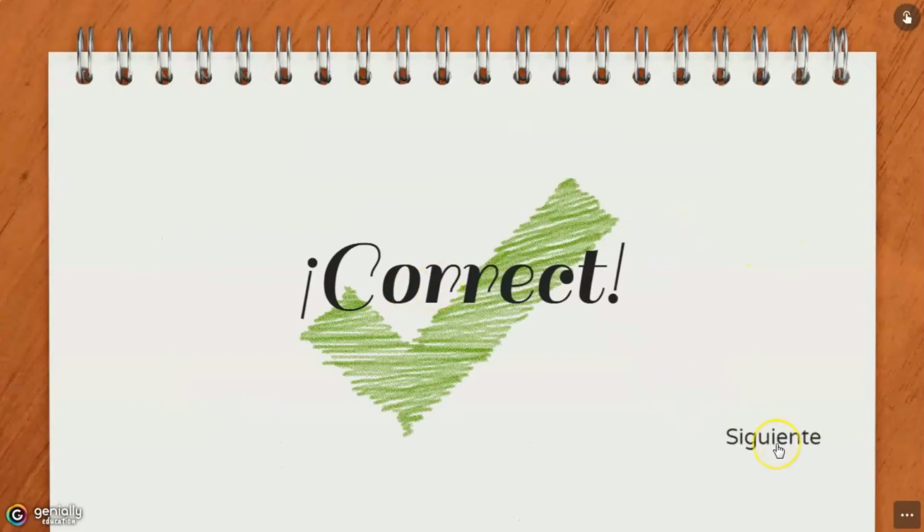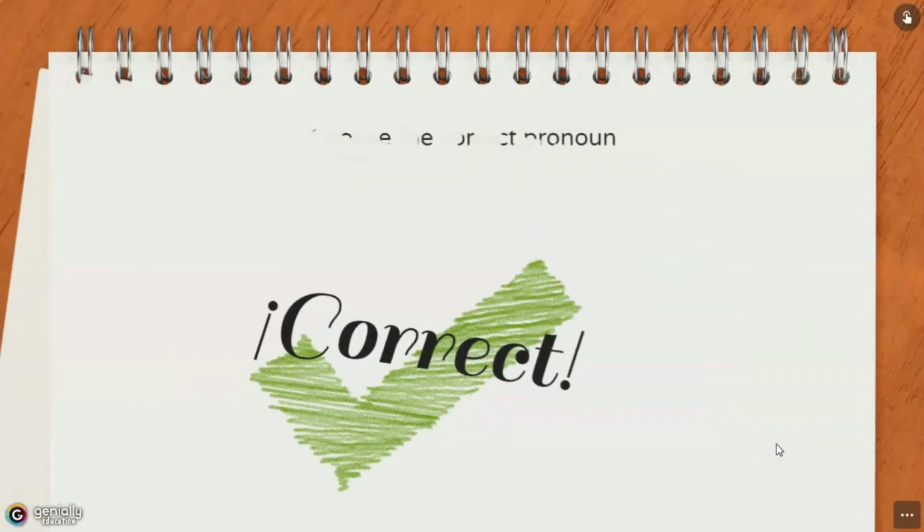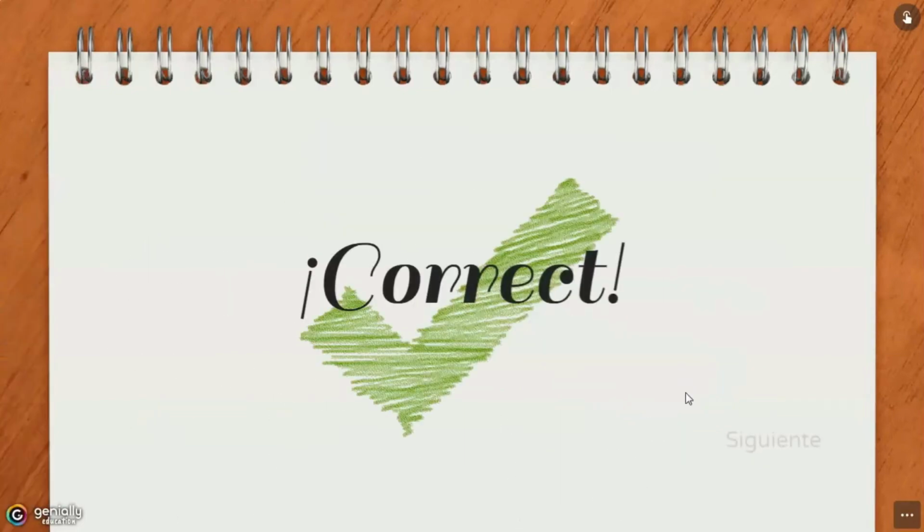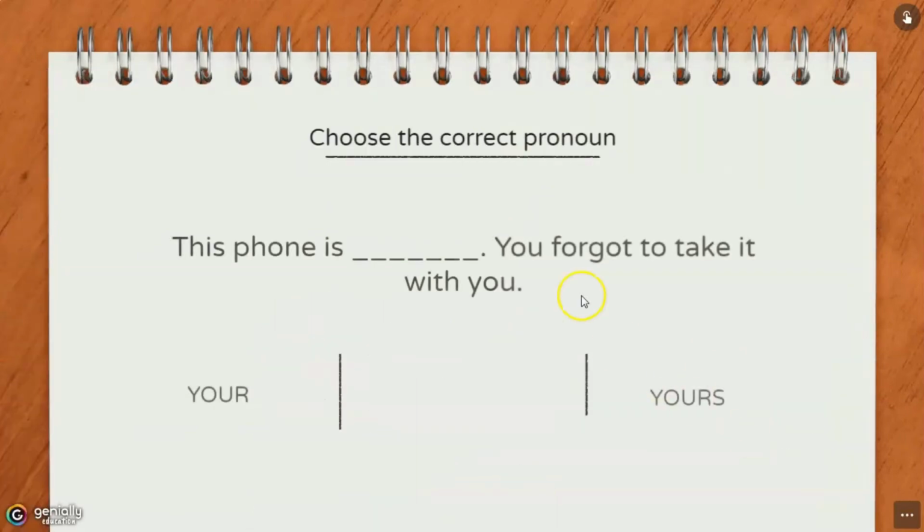That's correct. The next sentence. I think this is book. She dropped it on the floor. Do you think the correct pronoun is hers or her? Let's click on her. That's correct.